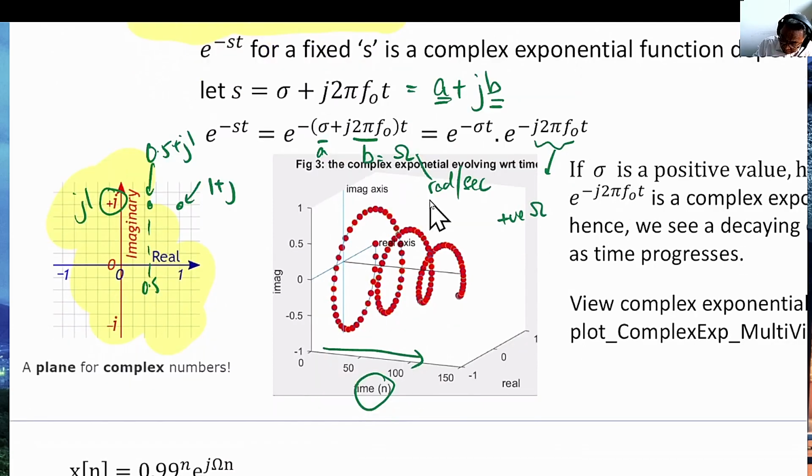The reason is actually because there's a minus sign. So maybe I should just say it is a minus omega naught. When we have a minus omega naught, it will rotate clockwise. Along here is the real axis, and along here is the imaginary axis, and along here is the time.